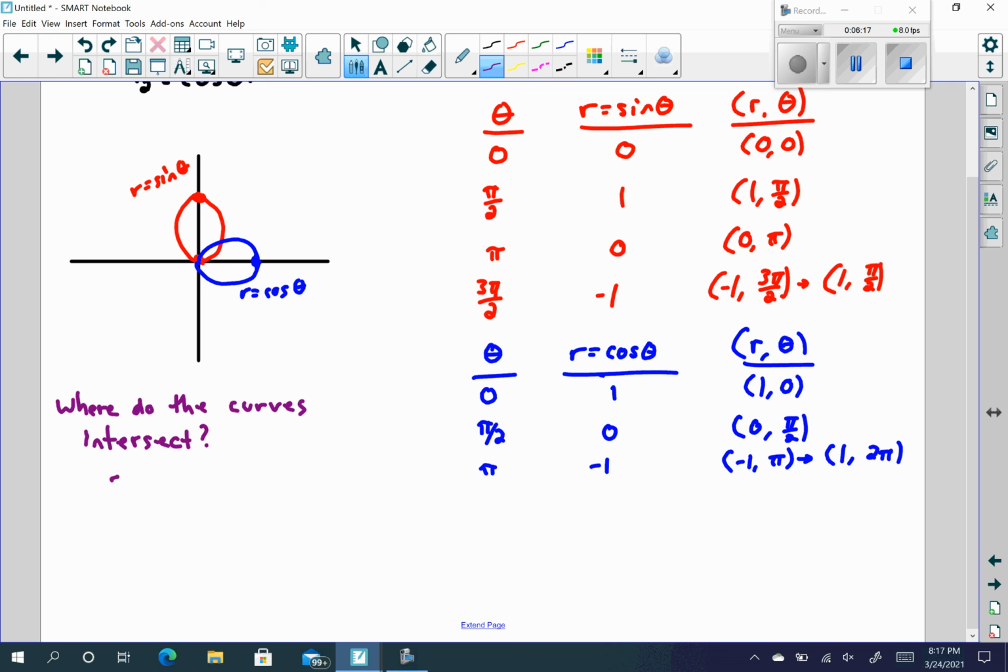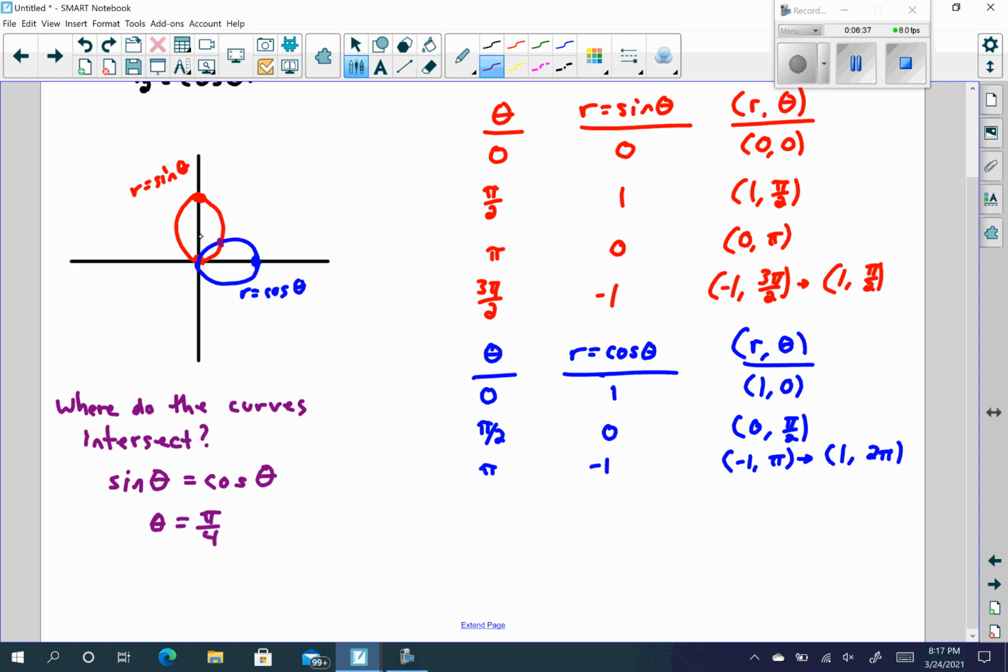And that's where sine theta is going to equal cosine theta. And that happens when theta is equal to pi over 4, because we're looking in the first quadrant here. So remember, it comes back to pi over 4, which would be right here.